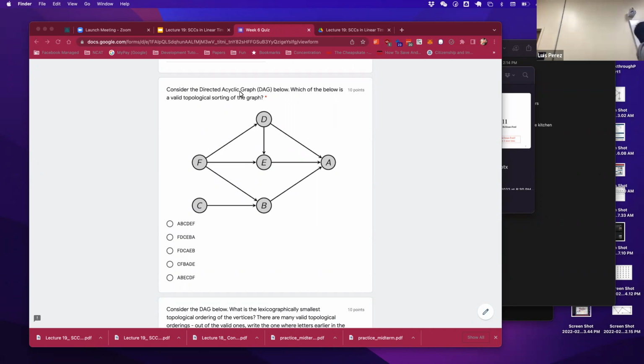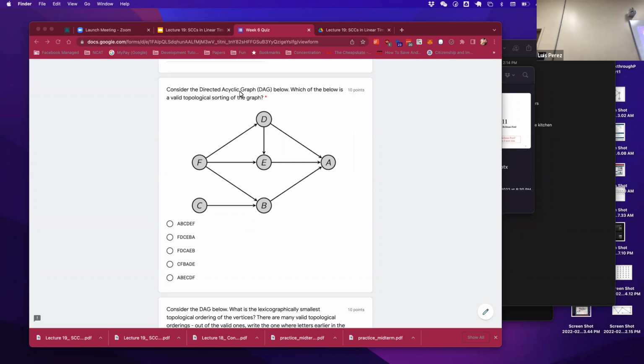So a valid topological sorting is one where, when you get to a node, you have already installed anything that could point to it. There are many valid sortings, but only one of these is valid. For example, the very first one says to install A first.